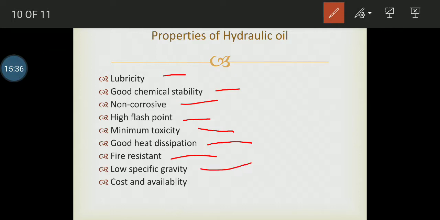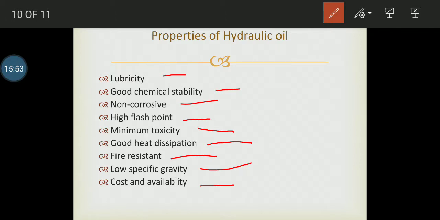Then low specific gravity. It must have a low specific gravity, and the cost and availability must be very favorable, which means the cost must be low and it must be readily available anywhere.